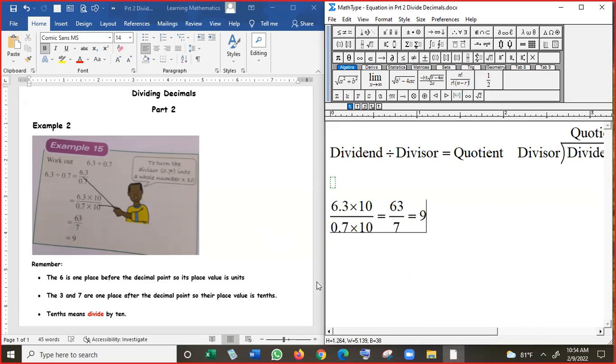You write it in fraction form and you multiply according to the value of your divisor, because it's 10, so you multiply by 10. What you do to the denominator, you do to the numerator. Always remember, you put the divisor in the denominator and the dividend in the numerator. And then we divide 63 by 7 to give us 9. So we can try this with another example.